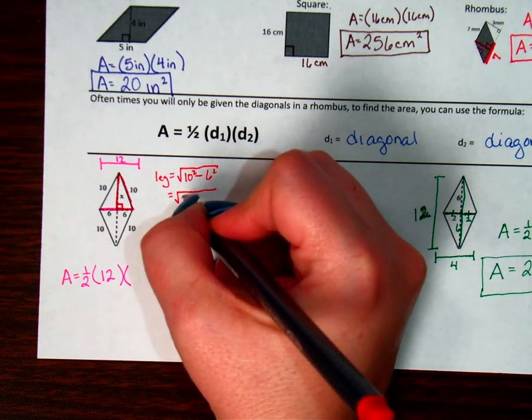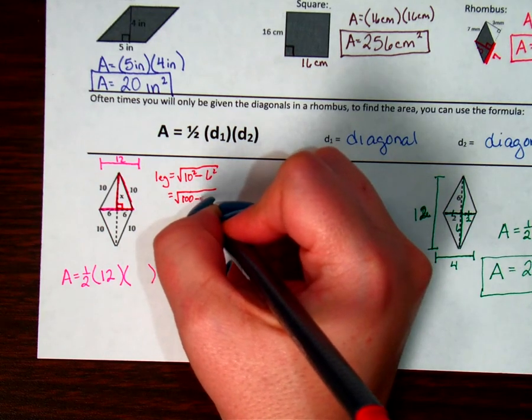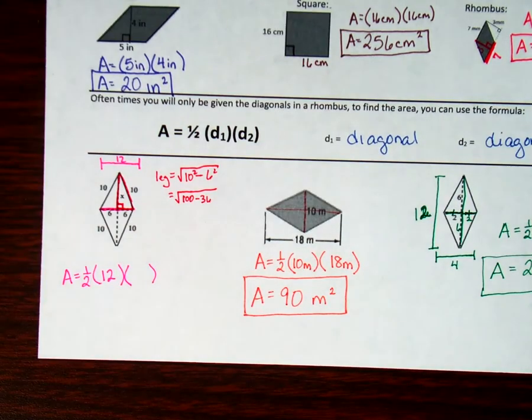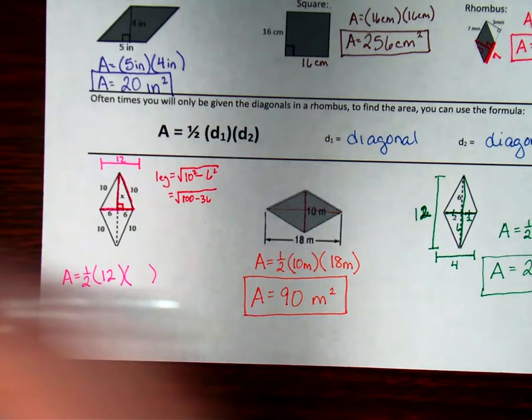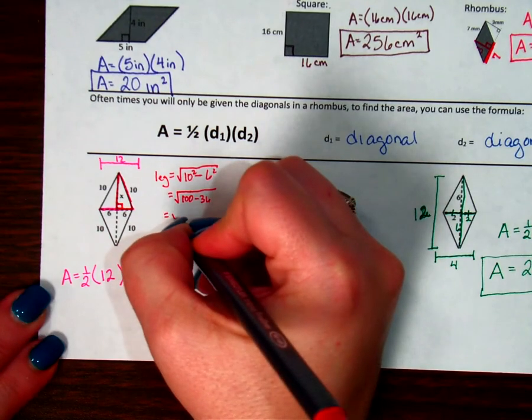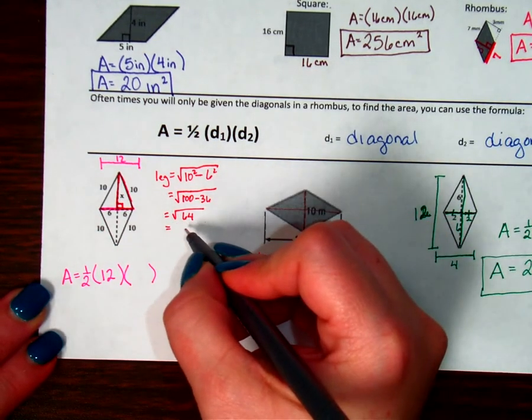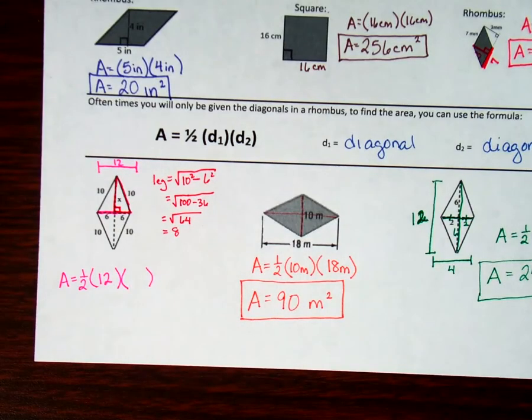So that's going to be 10 squared is 100, 6 squared is 36. 100 minus 36 is 64. And the square root of 64 is 8, right? 8 times 8 is 64?